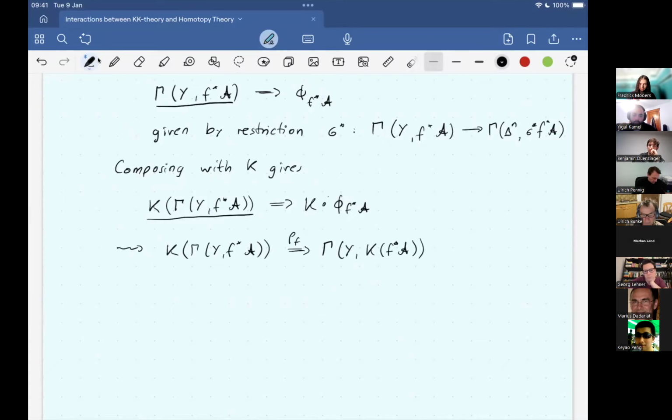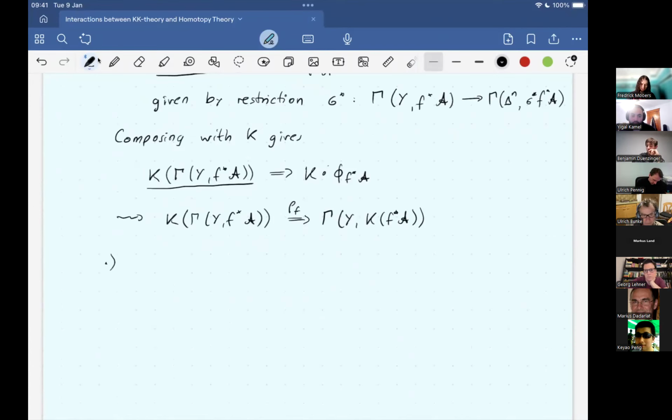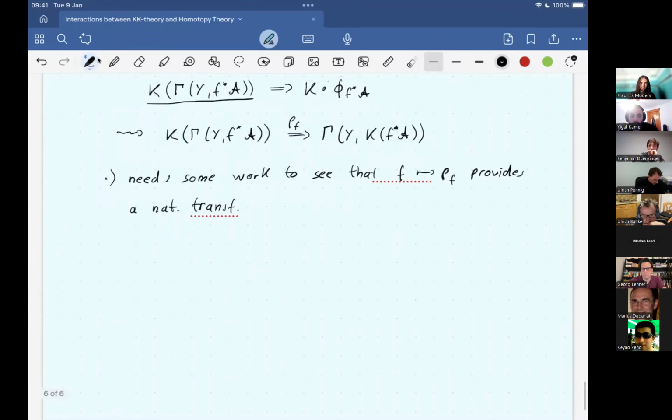And then one has to work a bit to see that this thing here provides a natural transformation. And I don't want to go into that.